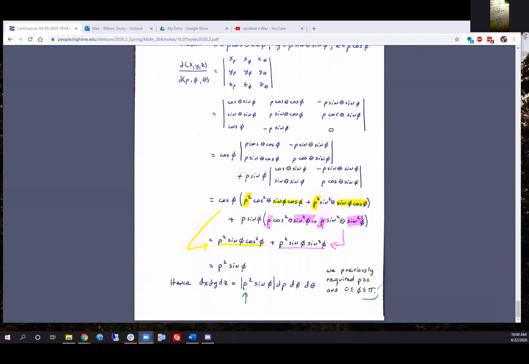And then we required our phi to be between 0 and pi. So sine phi is always going to be non-negative. And so this quantity will always be non-negative, which is why, again, in this case, we could ignore the absolute value, just based on the way we've constructed things.